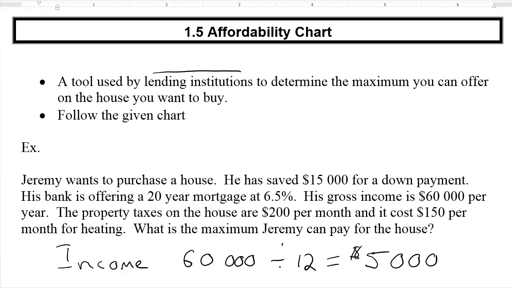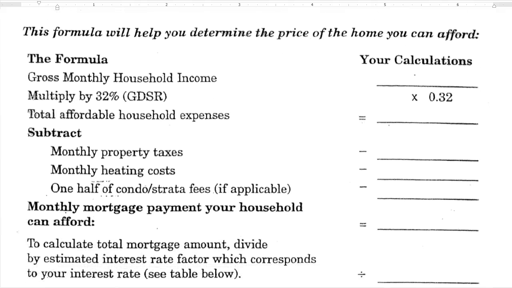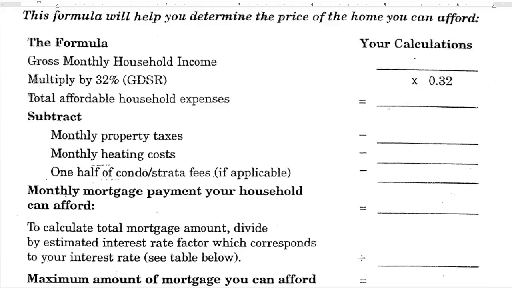So let's actually go look at our chart here. I have brought in a copy of the chart, everything from the start to our maximum amount for our mortgage. We start with the first step, gross monthly household income. Well, Jeremy made $5,000, so we write in 5,000.